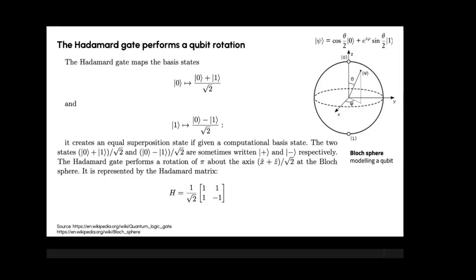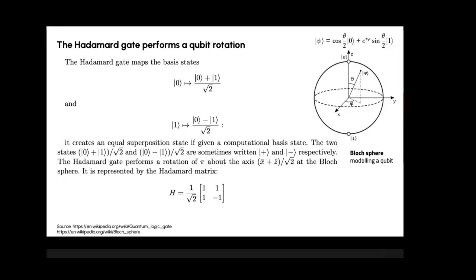And that's entanglement, superposition. Geometrically speaking, on the Bloch sphere of one qubit, the Hadamard gate performs a rotation of pi about the axis x plus z divided by square root of 2. And this is the Hadamard matrix.